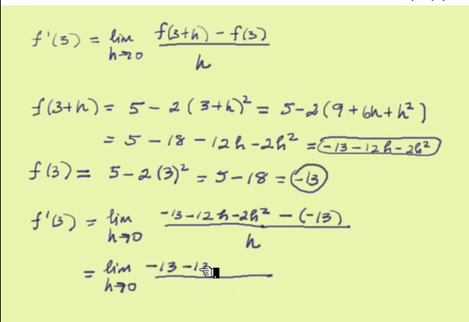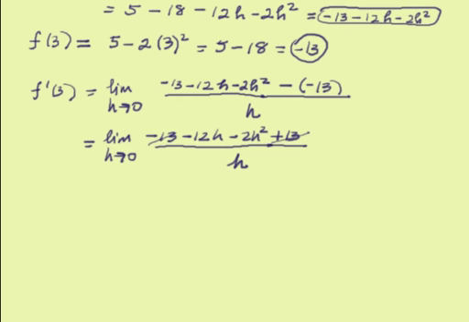Minus 13 minus 12h minus 2h squared plus 13 over h. Okay, so this minus 13 cancels with this plus 13. Okay, so let's just continue this. Minus 12h minus 2h squared over h.